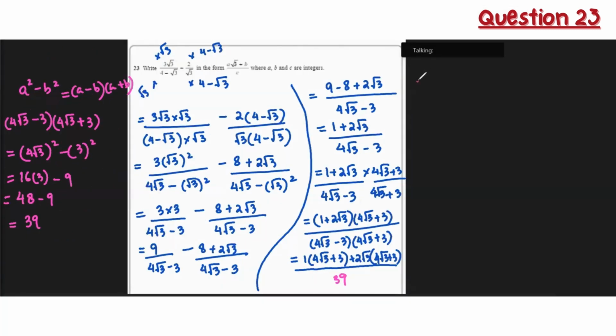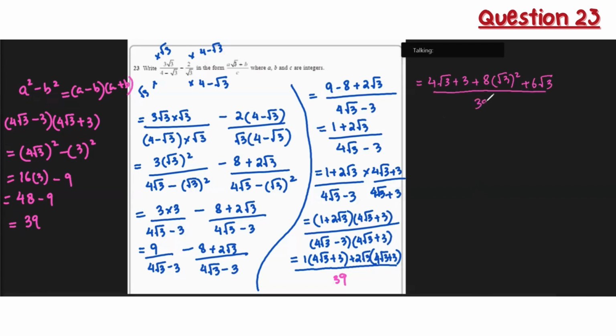Now when you solve the numerator, we get 4 root 3 plus 3 plus 8 root 3 squared, because 2 times 4 is 8, and root 3 times root 3 is root 3 squared, plus 6 root 3, divided by 39.